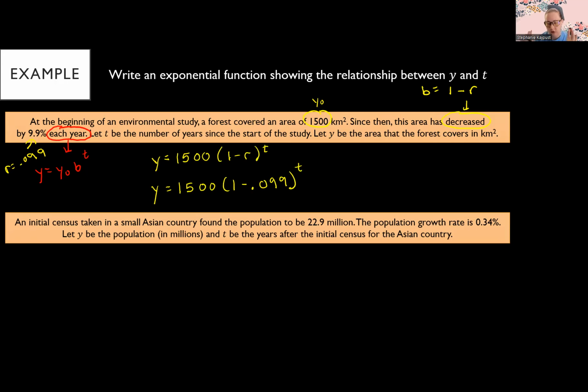And now we usually simplify and do that subtraction, 1 minus 0.099. And so that will give us our model: Y equals 1500, and then in parentheses, 0.901 to the T.